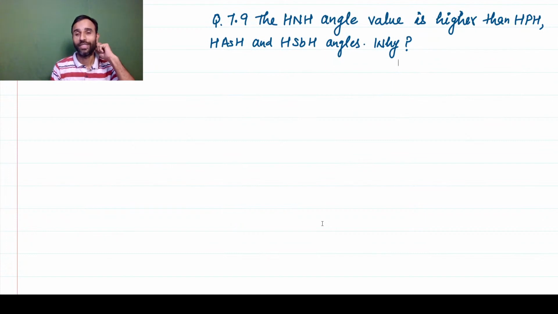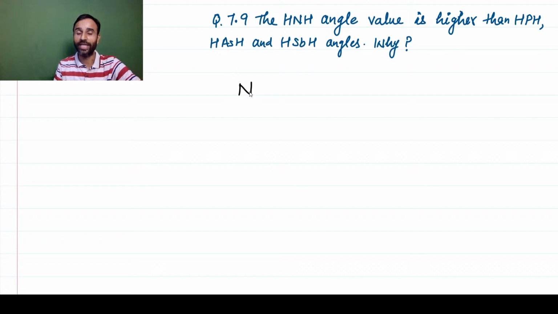Now 7.9: the H-N-H bond angle is higher than H-P-H, H-As-H and H-Sb-H angles. Why? So there is a simple reason. First of all, just write the shape.